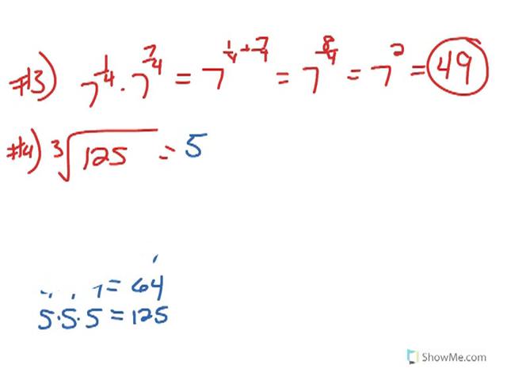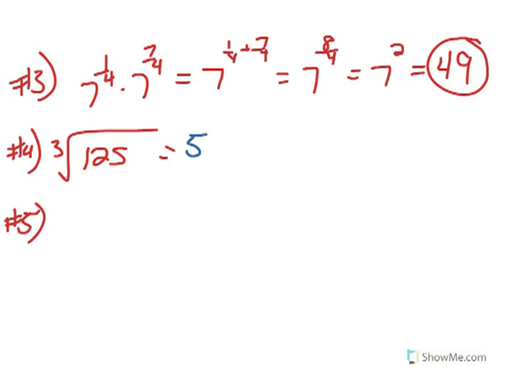Example 5. Cubed root of 343, to the negative 2. Once again, there's lots of different orders you can do this in. I'm going to go inside the parentheses here. We have the cubed root of 343.